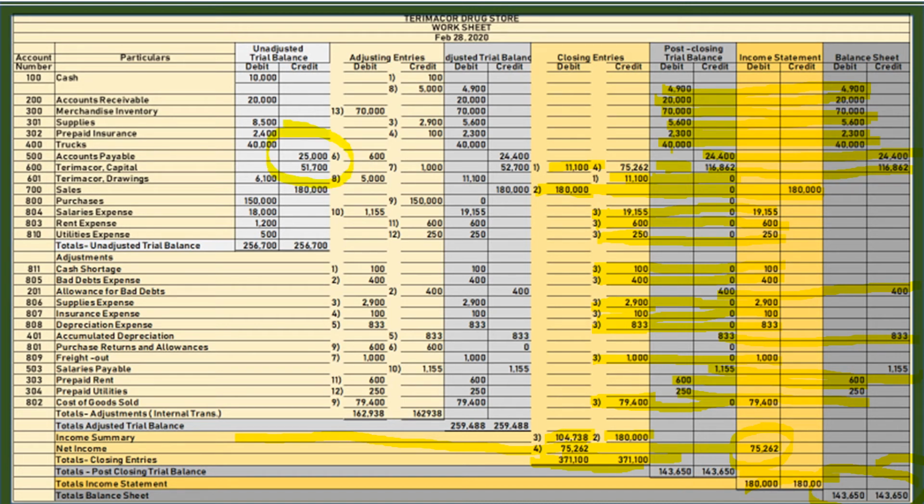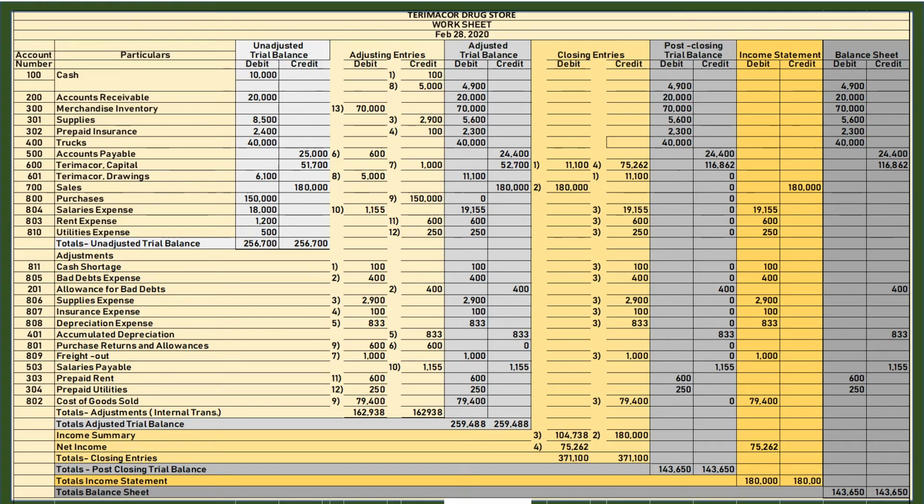He started with 25,000, and the capital at the end of the period becomes 100,000. So it is a good story of Terimakor Drugstore to present in the income statement.